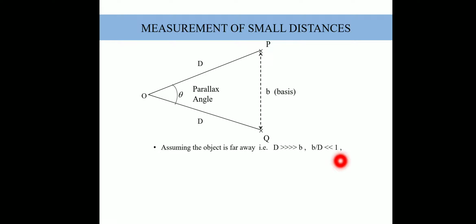This is the most important assumption here: whenever we measure larger distances, D is always much bigger than b, so the value is very much less than 1. And we also found that theta is going to decrease, because we are pulling point O backwards.